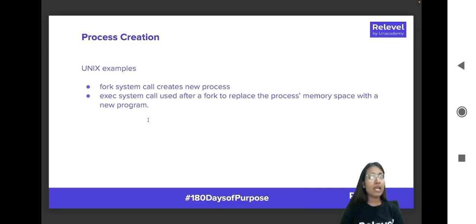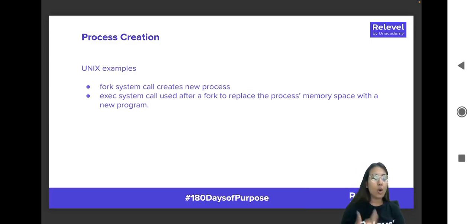Next is the EXEC, the execute system call, which is used after the fork call to replace the process's memory space with a new program. We use it after the fork system call by one of the two processes to replace the space. So you can use this call either on the parent process or on the child process.